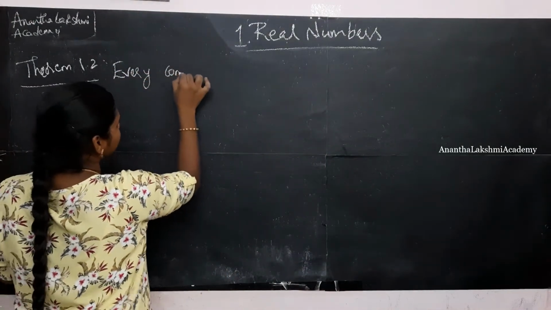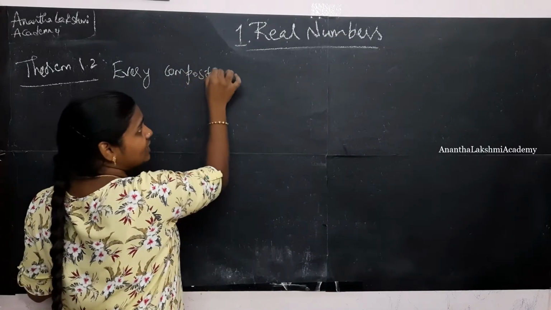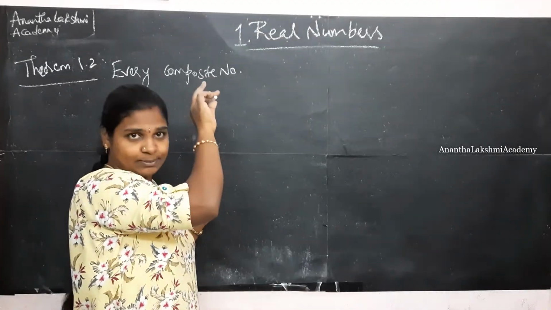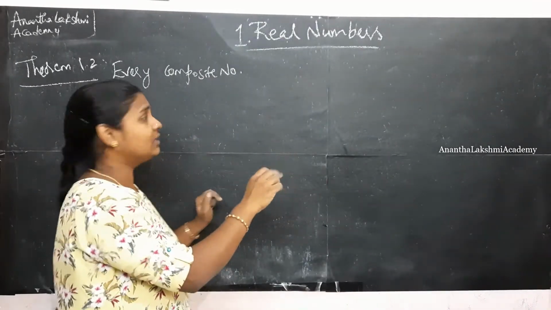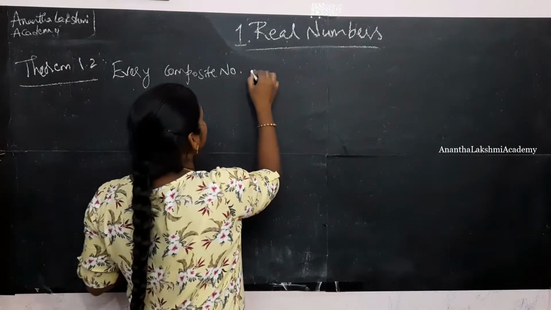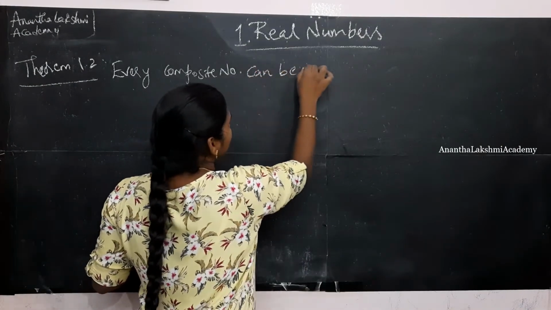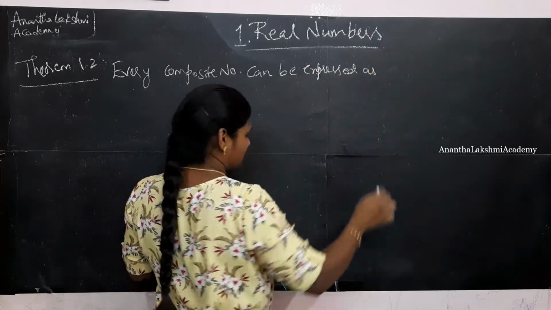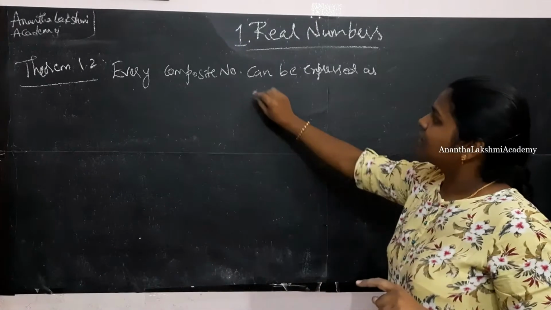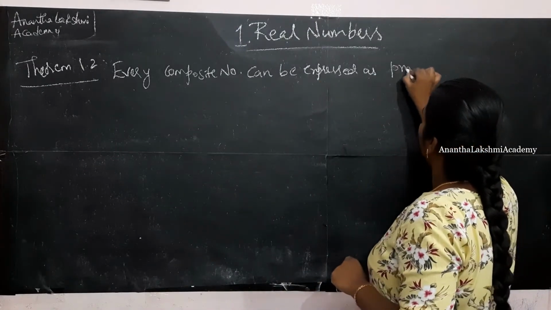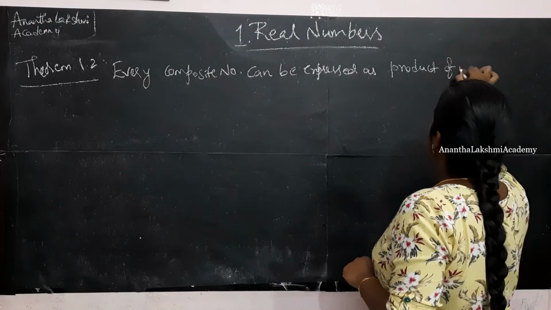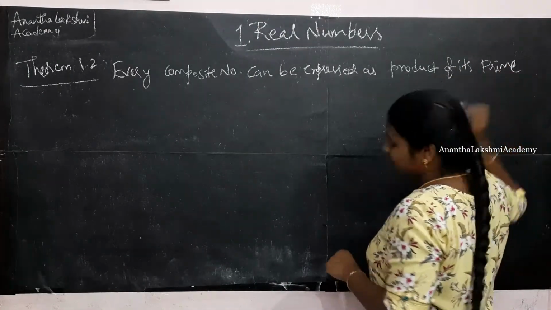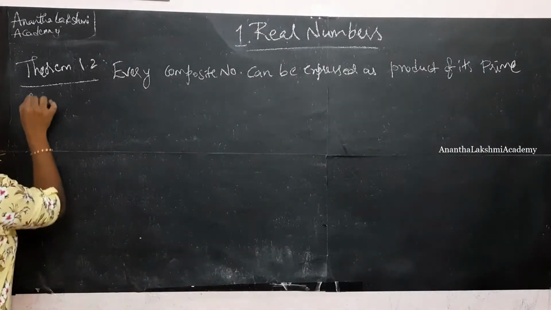Every composite number. In the first part, we have discussed what a composite number is, which is a number which is divisible by 1, itself and other numbers as well. Every composite number can be expressed as a product of its prime factors.